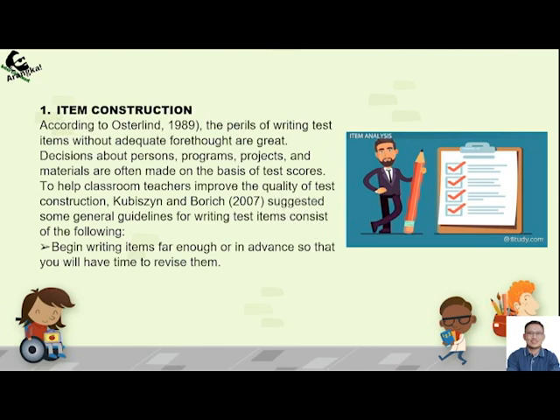Number 1, item construction. According to Osterland 1989, the perils of writing test items without adequate forethought are great. Decisions about persons, programs, projects, and materials are often made on the basis of test scores. If a test is made up of items haphazardly written by unqualified persons, the resulting decisions could be erroneous.